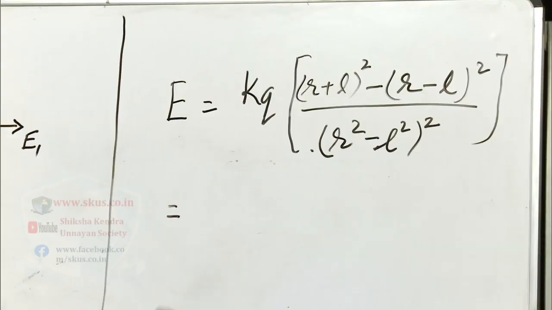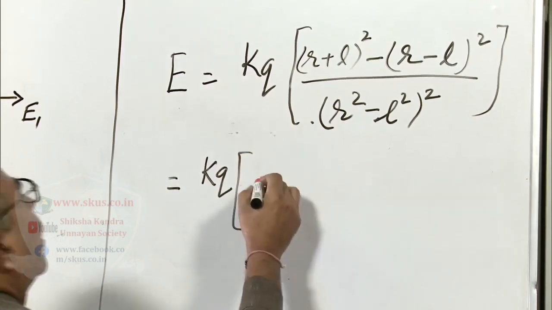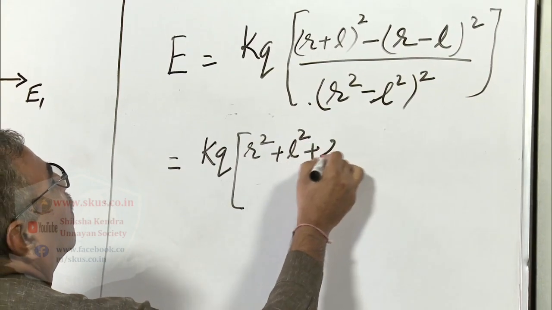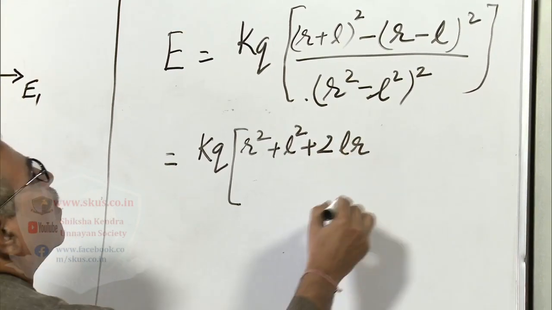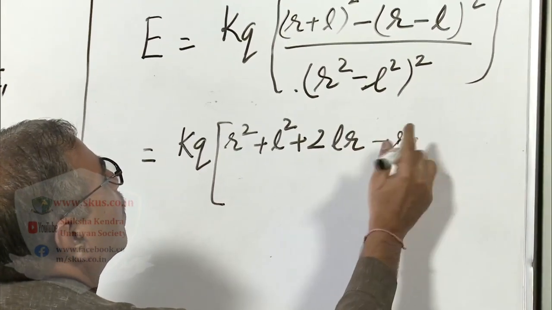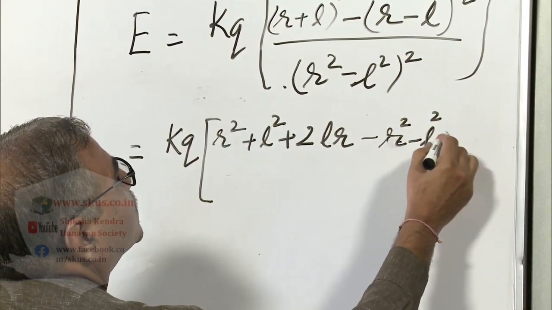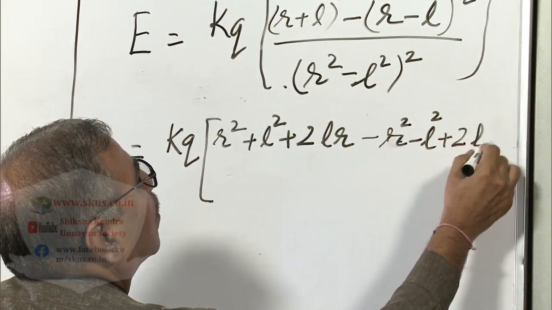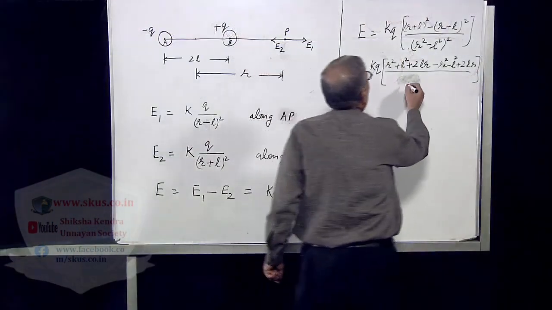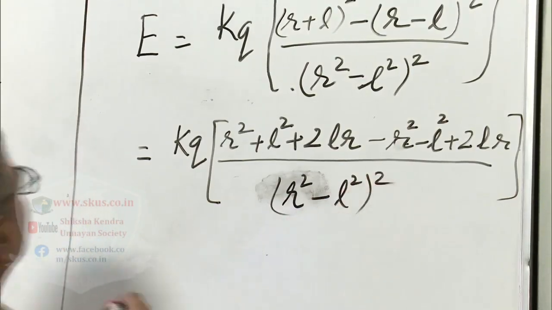It will be KQ [(R square plus L square plus 2LR) minus (R square minus L square plus 2LR)] divided by (R square minus L square) whole square.